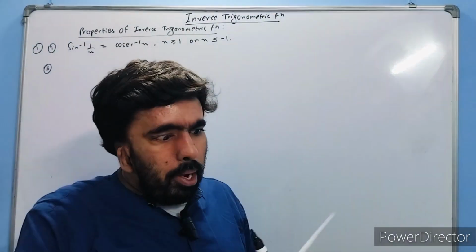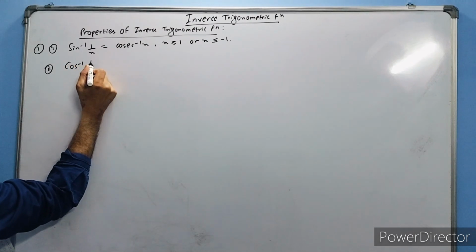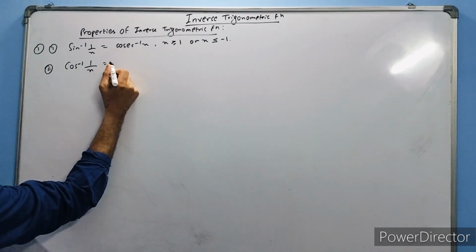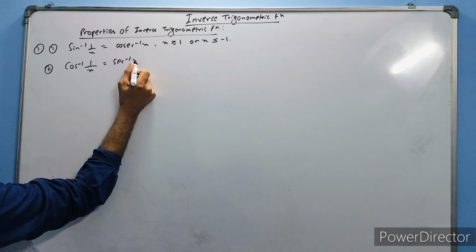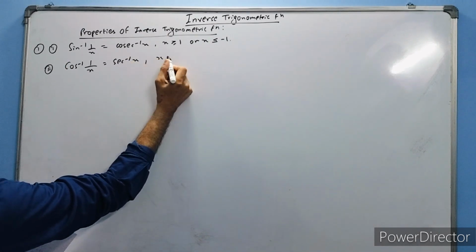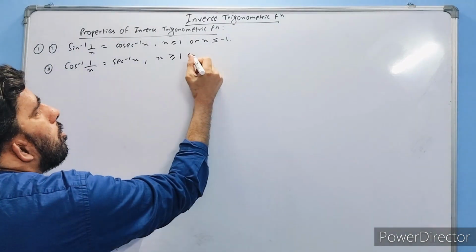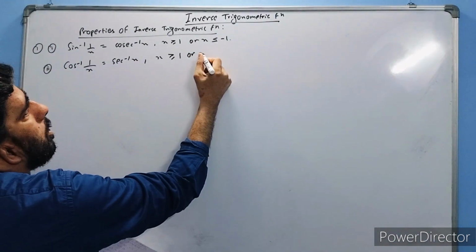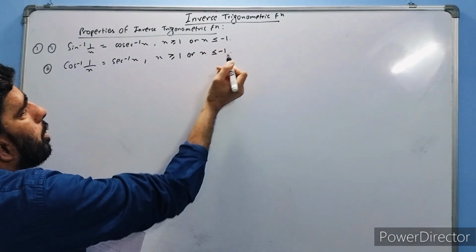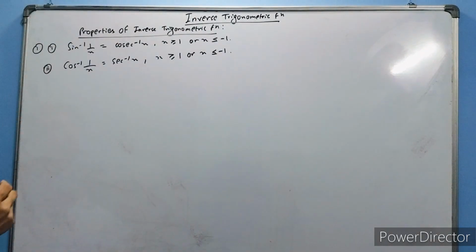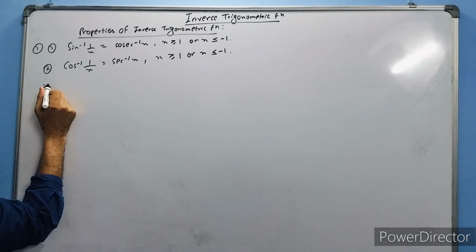Another property is cos inverse 1 upon x is equal to sec inverse x, where x is greater than or equal to 1 or x is less than or equal to minus 1. So these are the two most important properties.